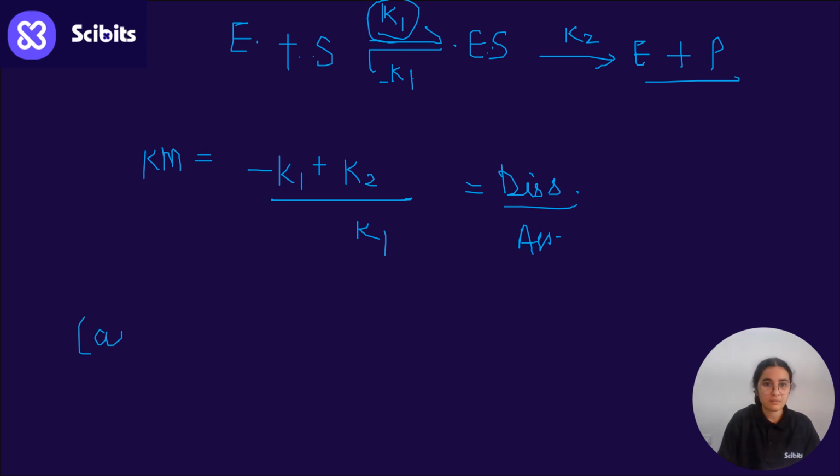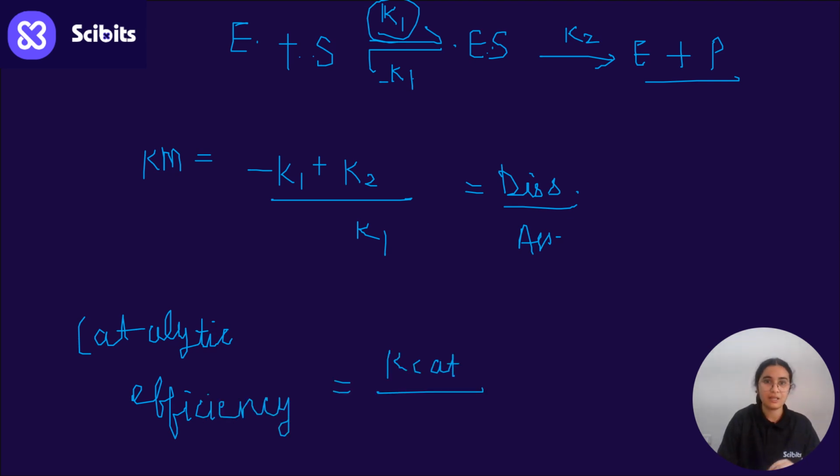And also there is another metric, that is catalytic efficiency. If somebody asks you to calculate catalytic efficiency, then you should just divide Kcat by Km. Because for an ideal enzyme, the Kcat will be higher and Km will be lower, meaning the catalytic efficiency will be highest.